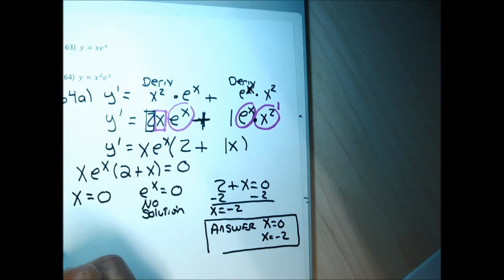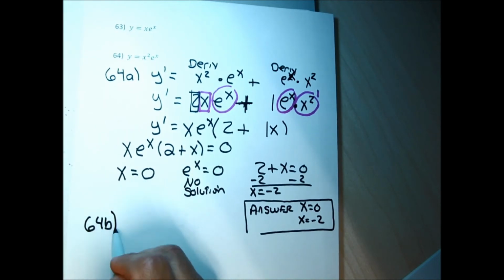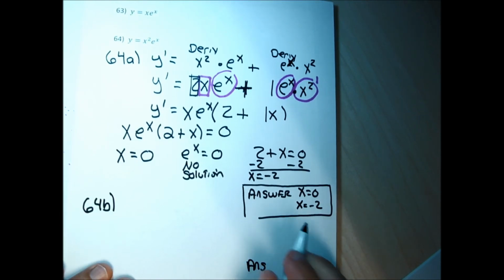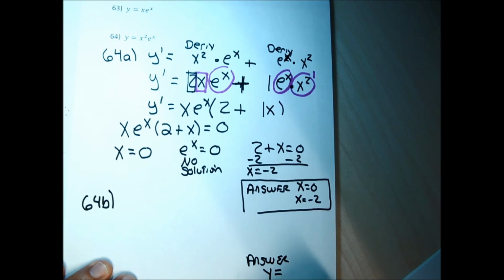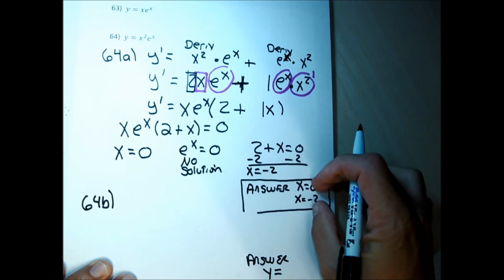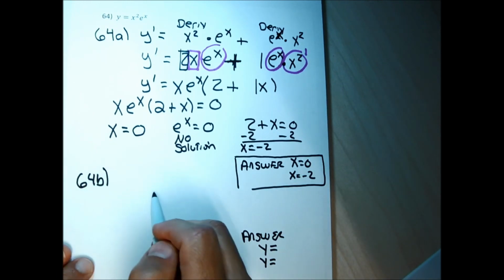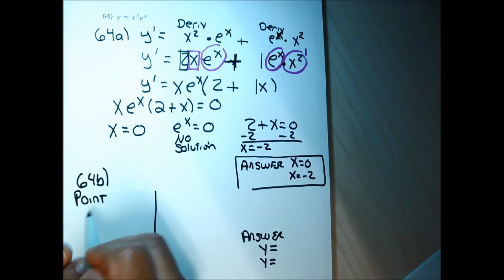When I move on to do 64b, because the original problem, part A, has 2 answers, I need to get 2 lines. So my answer to part B is going to be y equals and y equals. I'm going to get 1 line for each x. Now for each line, I have to start off with a point and a slope.